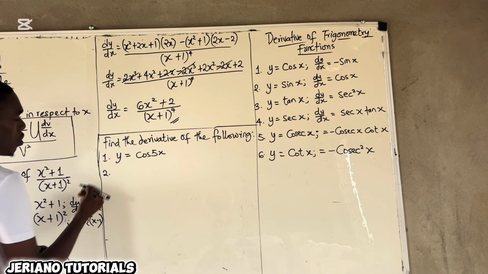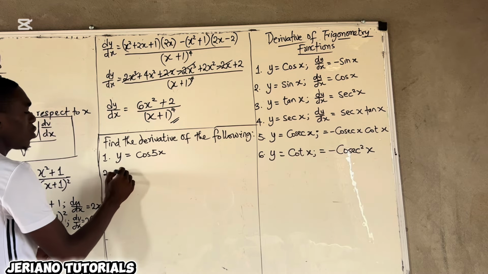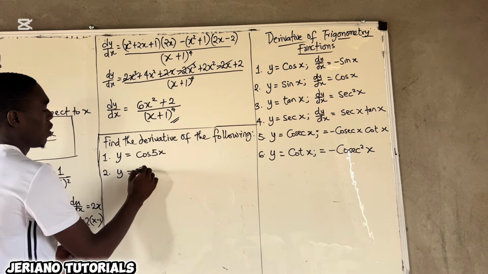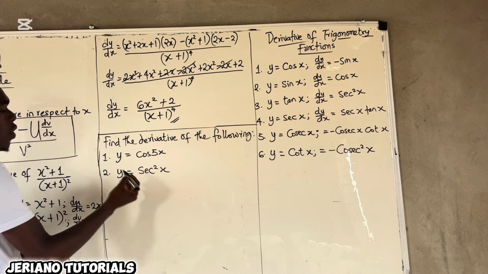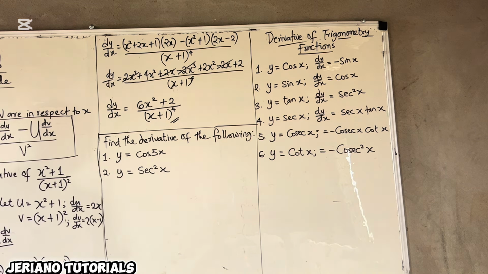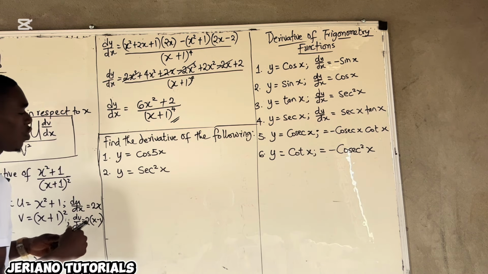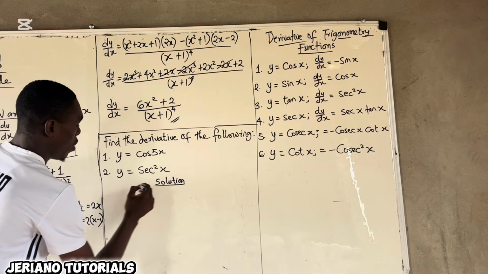Second one, you can have even something like this. You can have y is equals to sec square x. Now, how do you go about this? This is an example on the derivative of trigonometric function. Now, let's pick it bit by bit.